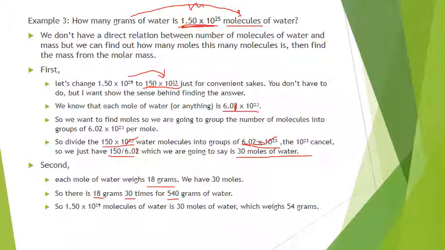And you could do dimensional analysis again, simply taking this number, multiplying it by 1 over 6 times 10 to the 23rd, and you'll end up with 30 moles. Then you take that 30 moles and multiply it by 18 grams per mole, and you get 540 grams.